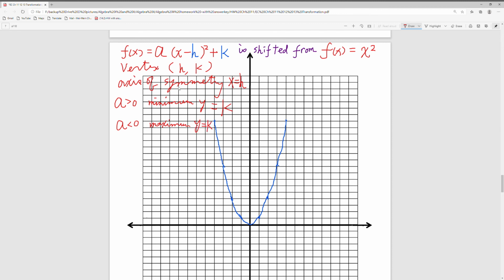And where is the vertex? (h, k). I don't know where, because I don't know what h and k are. So pretend here, and pretend a is negative. So you have the symmetry here. You need to write down x equals h. And the k is the maximum.